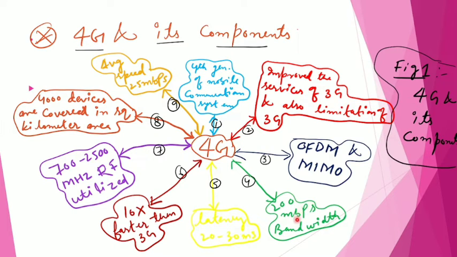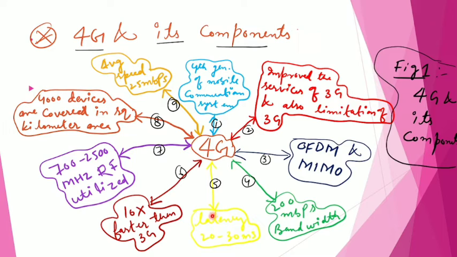So what is bandwidth? Basically, bandwidth is the transmitting speed of the signal over a channel, or how fast the signal is transmitted over a given channel. So the bandwidth is 200 megabits per second in 4G. Now the latency.